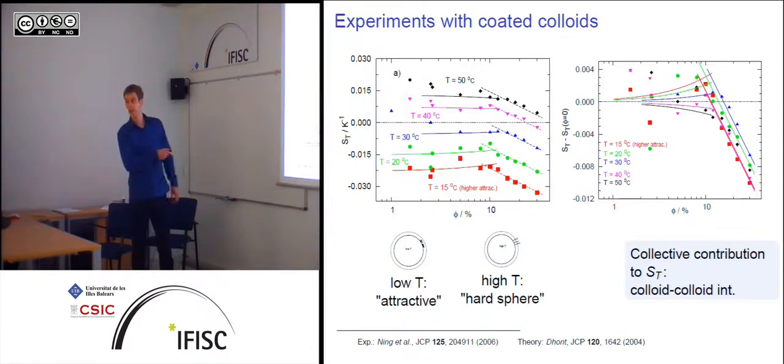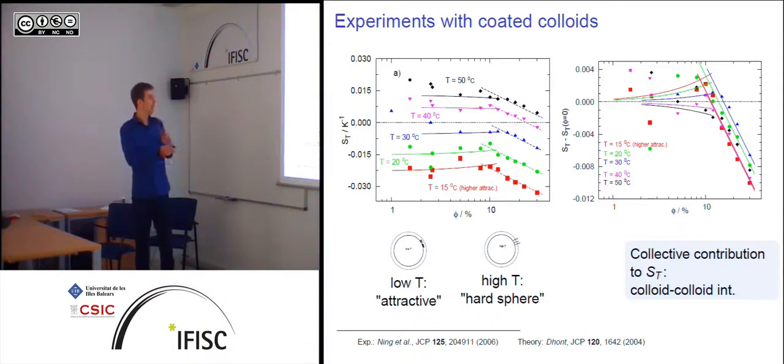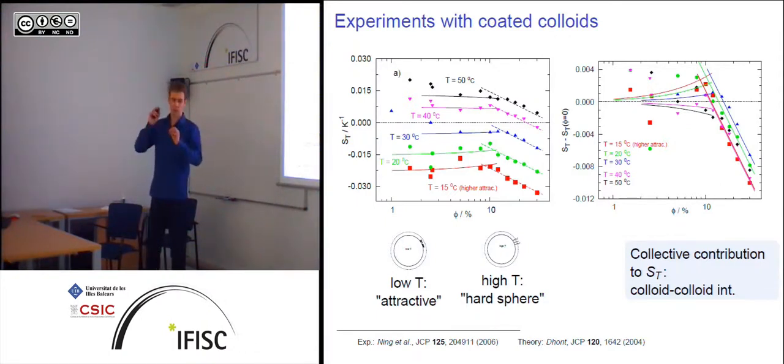That means you have a negative Thoré coefficient. And at high temperatures they will start to drift to the opposite side, so to the cold region of the system. And this is only due to effects which come from the colloids with the solvent, so this is a single particle effect.